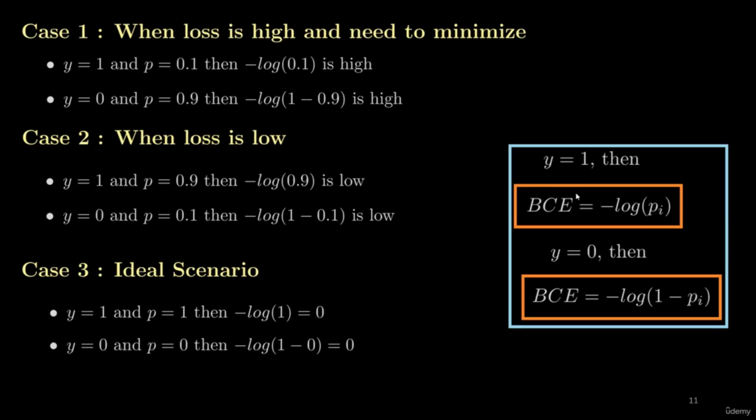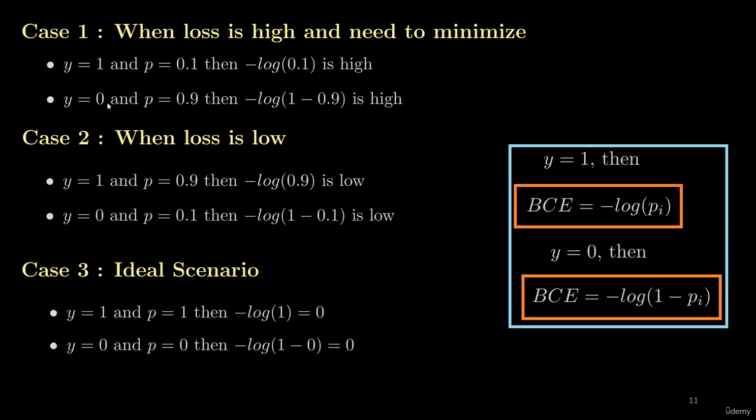We have seen this in the previous slide. So if y is equal to 1 and p is equal to 0.1, our loss is negative log of 0.1. And we know that if inside the negative log we have a small value, then the negative log is high. So if y is equal to 1 and p is a small value, in that case loss is high.